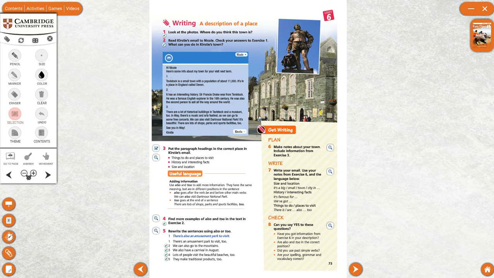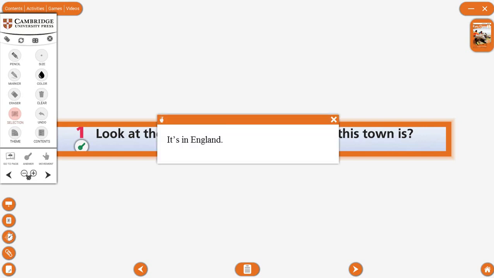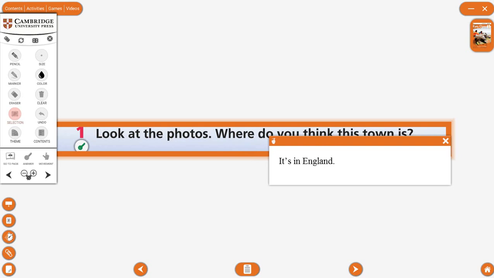It's in England. Please write the answer under the question. Because I gave information before about Sir Francis Drake, and I said the word British. That means this town is in England.